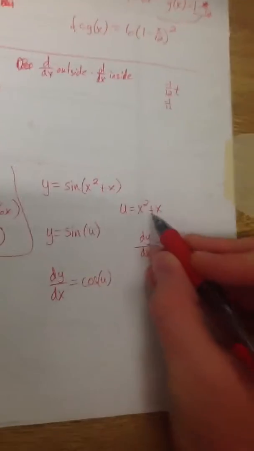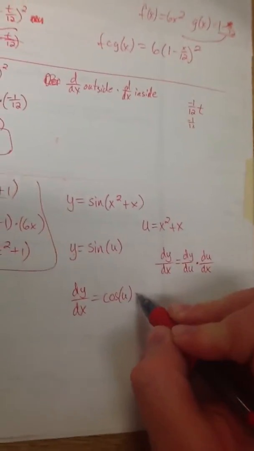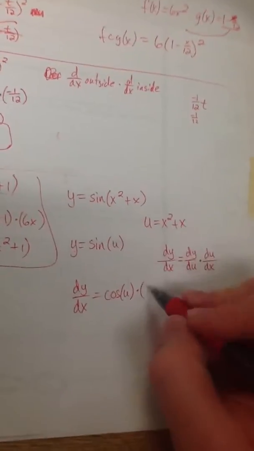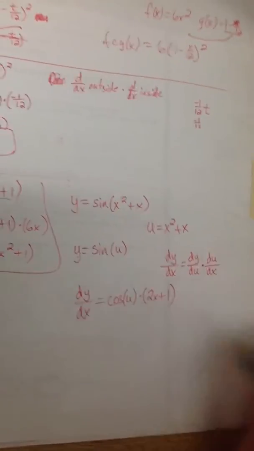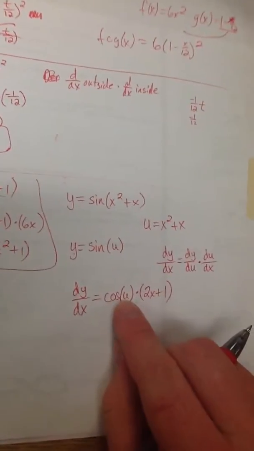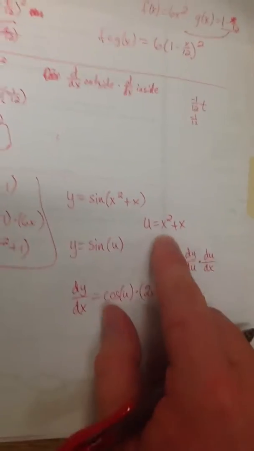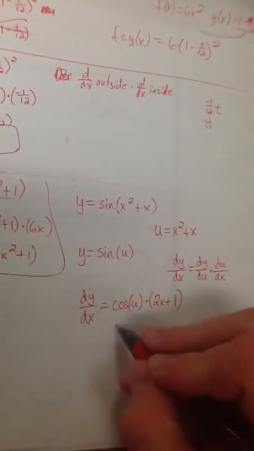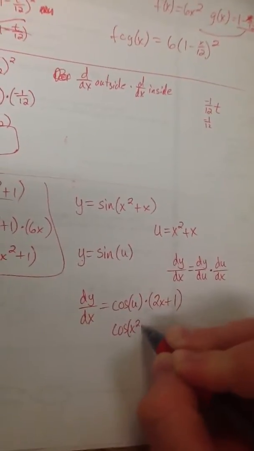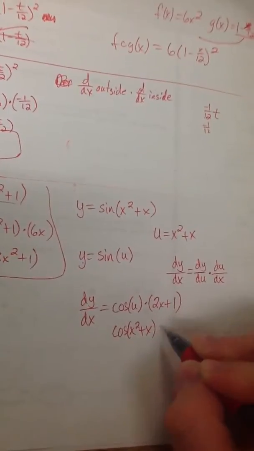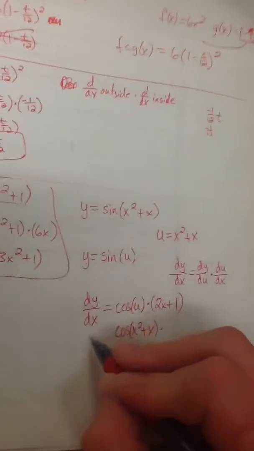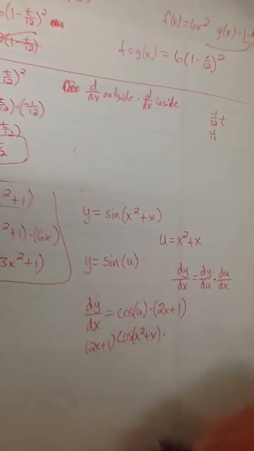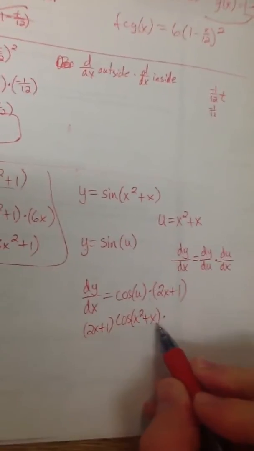Well, now du/dx, so I'm going to multiply by the derivative of that one, 2x plus 1. Now, there's my answer, but I've got to get rid of that u. Well, I know u equals x squared plus x, so the cosine of x squared plus x times, and I'll write it out front, 2x plus 1. 2x plus 1 times the cosine of x squared plus x.